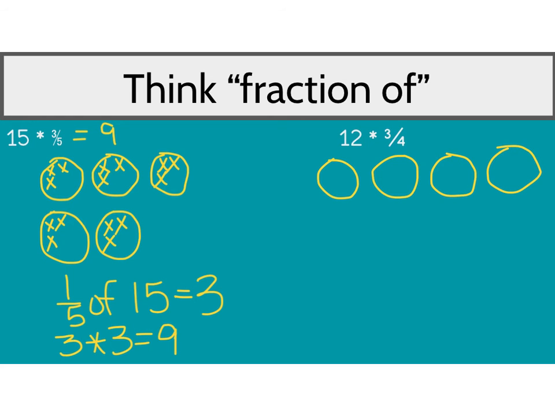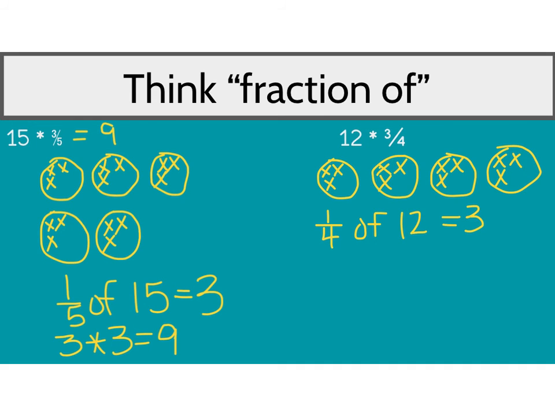And then we would count out 12 total X's that we would place in those circles. So I've got 2, 4, 6, 8, 9, 10, 11, 12.